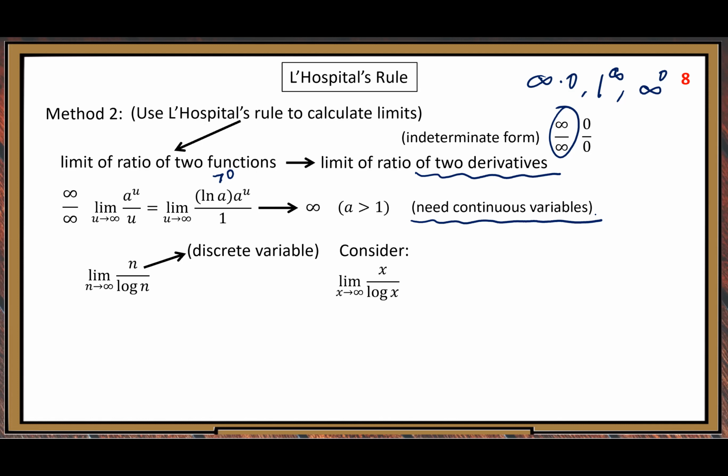So we consider this new limit, this time assuming x is a continuous variable. You can see they have the same form, but one takes discrete values and the other continuous values.